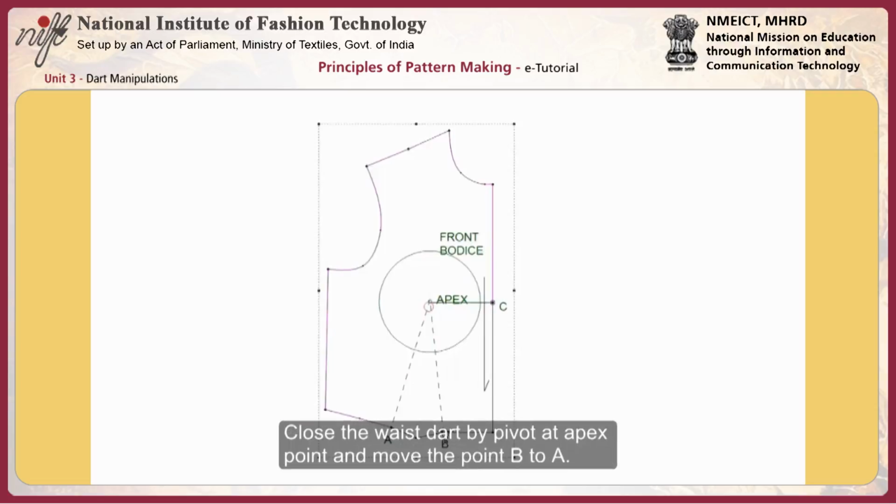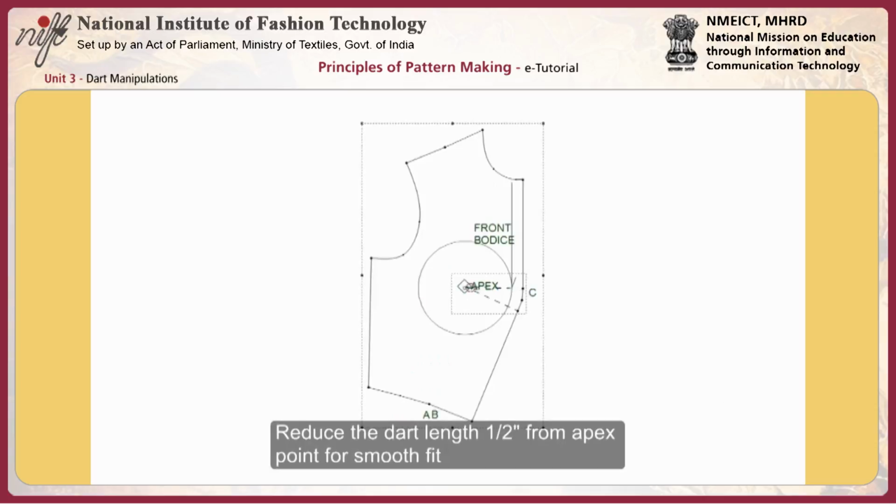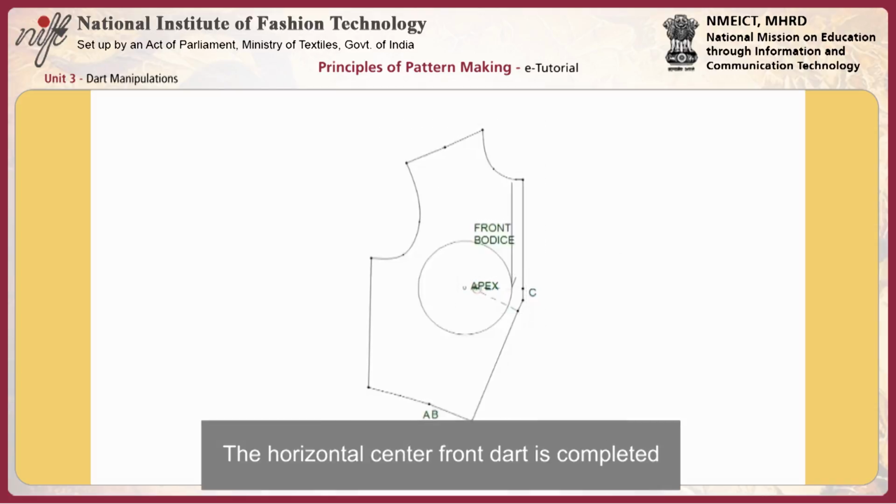Close the waist dot by pivoting at apex point and move the point B to A. This will close the waist dot and horizontal center front dot will open at point C. Reduce the dot length half an inch from apex point for smooth fit. Horizontal center front dot completed.